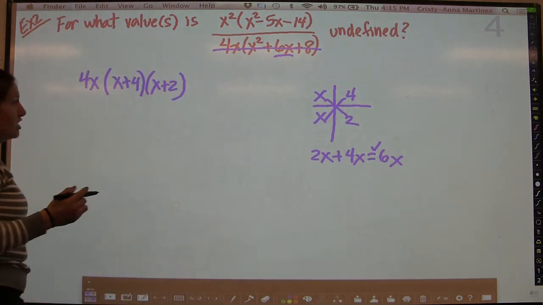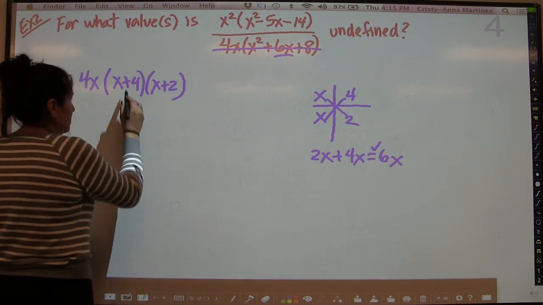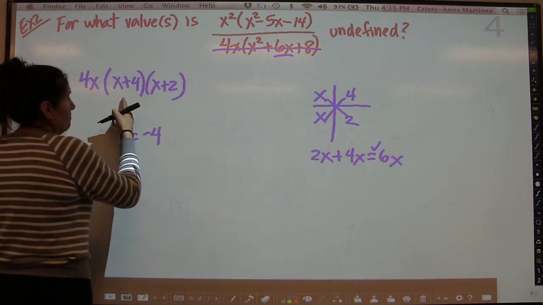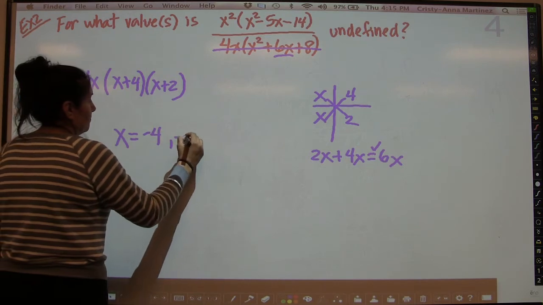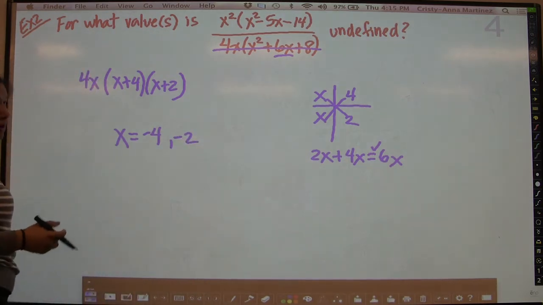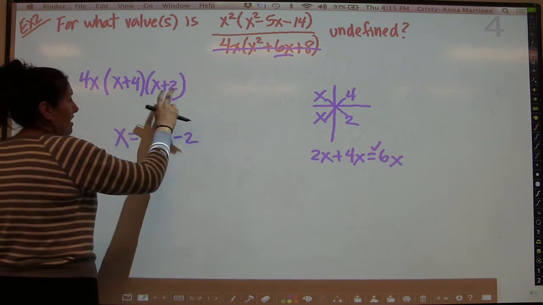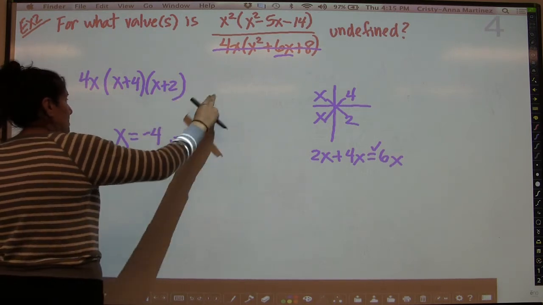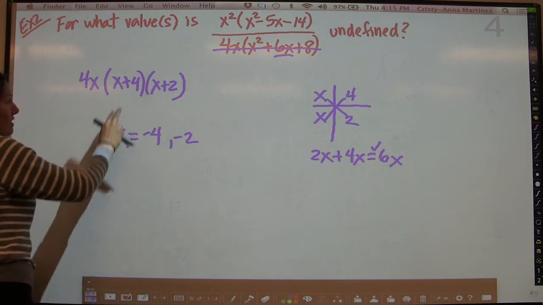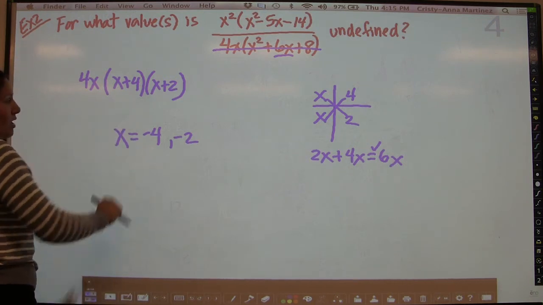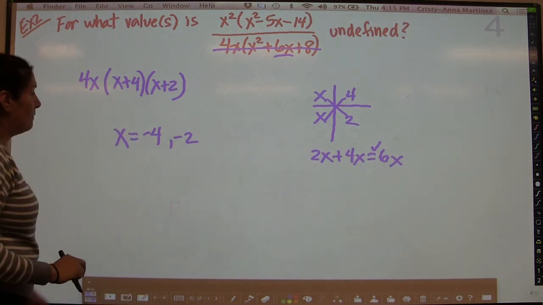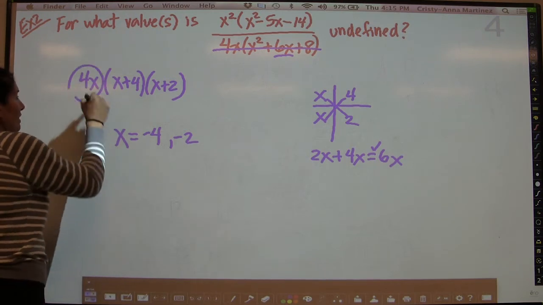A lot of times students will remember to do x equals -4 is a problem, and so is -2. And in case you're wondering where I'm getting those numbers from, it's because I'm taking each factor and making it equal to 0. So if x plus 2 equals 0, then I'll subtract 2 and it'll become -2. In this case, I'll subtract 4, it'll become -4. But the number that people forget about here is from this factor right there.